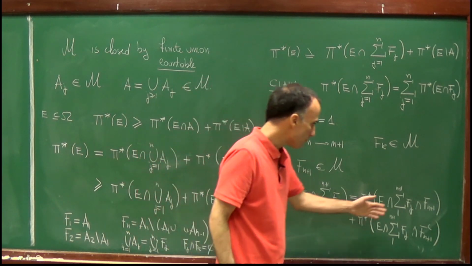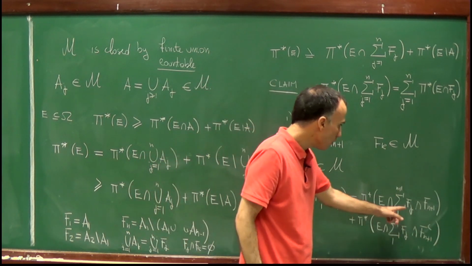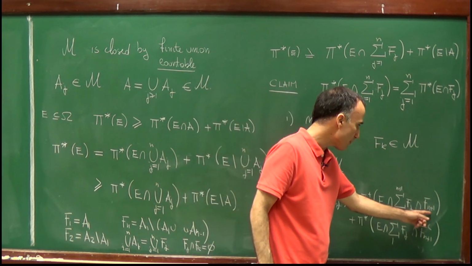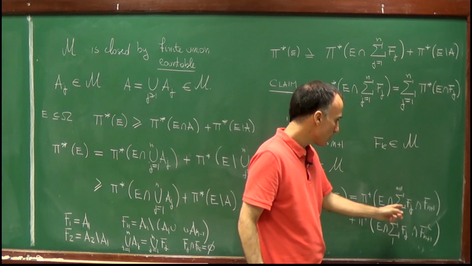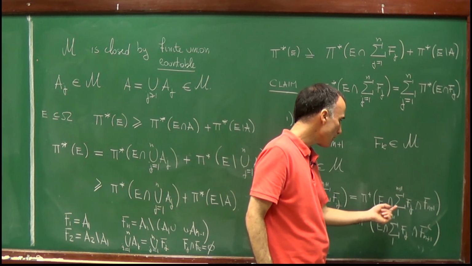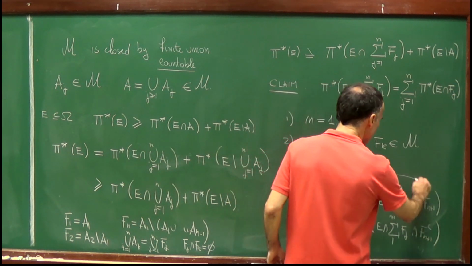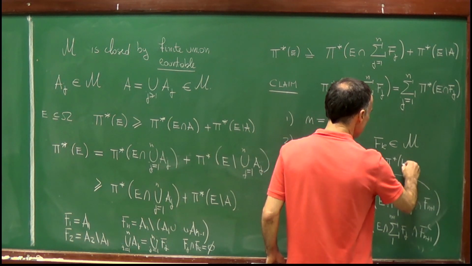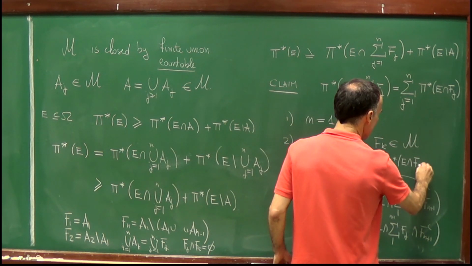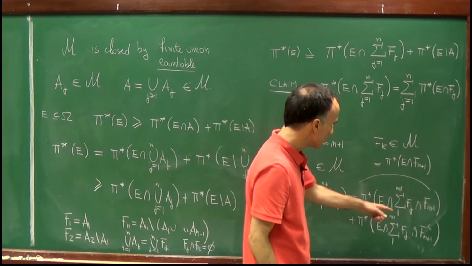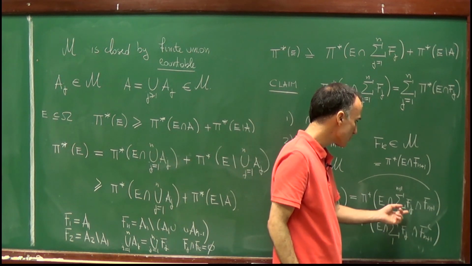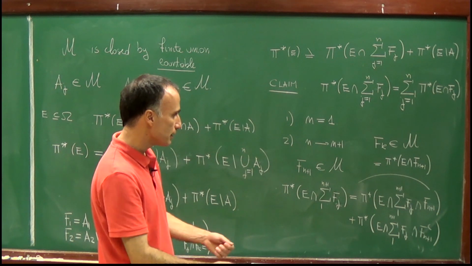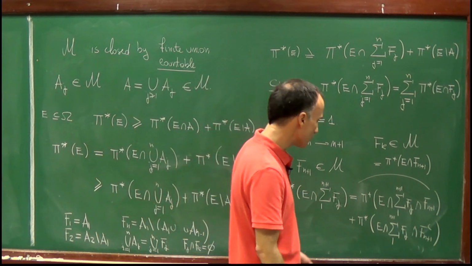Now let's see what we have on the right-hand side. Well, all these sets Fj are disjoint. So if I take the intersection of Fn plus 1 with this sum, only remains the last one, Fn plus 1. So this term here is equal to P star of E intersection Fn plus 1, because all the other intersections are just empty, because the family F is formed by disjoint 2 by 2 sets.